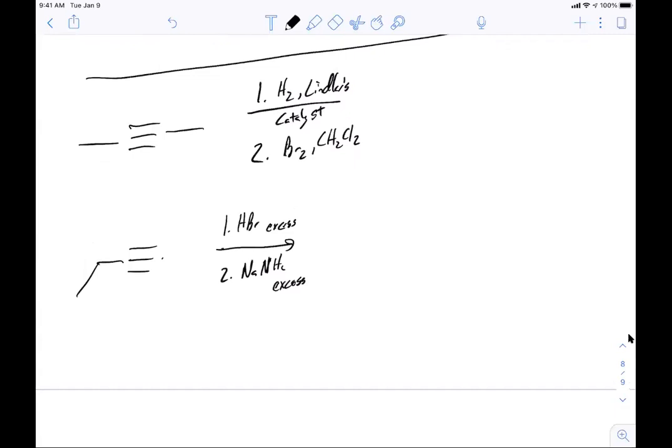Okay, so let's try those two. And both of these have two reactions over the arrows, one and two.